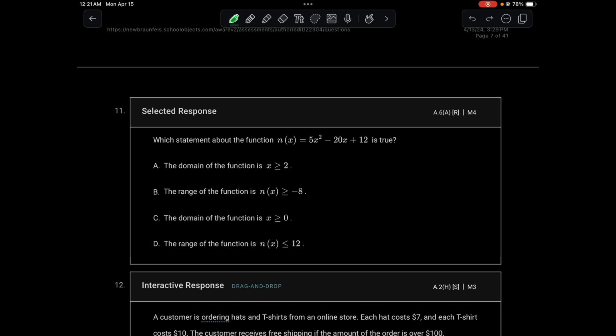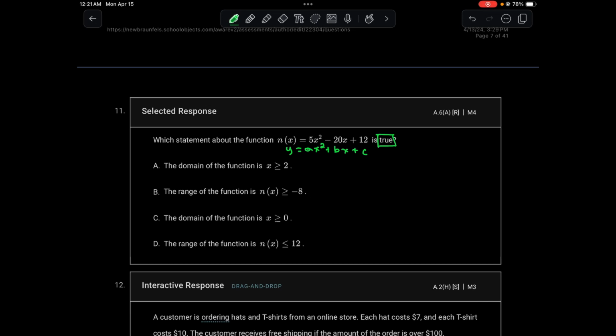11. Which statement about this function is true? Well, this is a quadratic function, y equals ax squared plus bx plus c. Sometimes they ask you which is false, so here it's which is true.